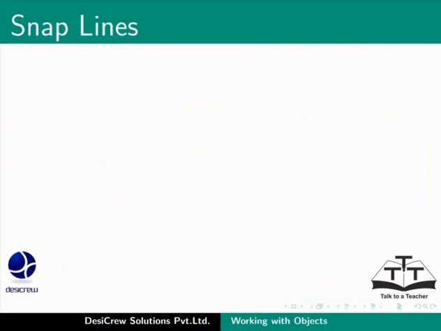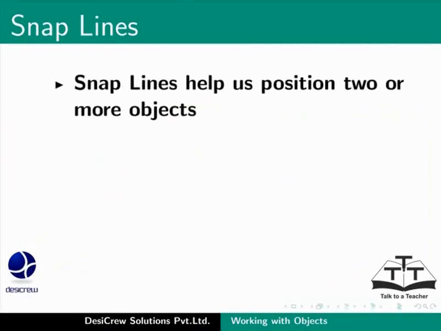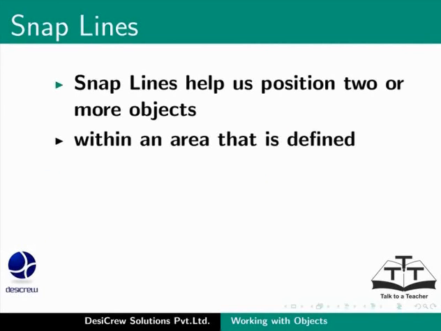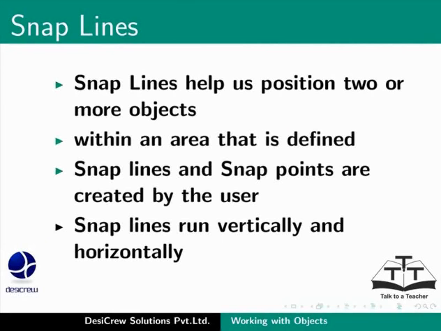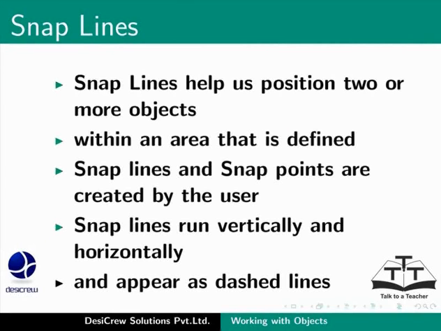What are snap lines? Snap lines help us position 2 or more objects within an area that is defined. Snap lines and snap points are created by the user. Snap lines run vertically and horizontally and appear as dashed lines.